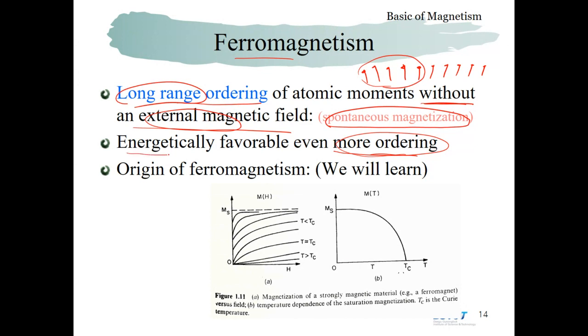So it is not favorable in general. So this is a kind of question: why is this ordered state more energetically favorable? In order to understand why the ferromagnetic state is stable, we have to understand this statement. Is it okay? Okay. If you want more explanation, you can come to me and I will let you know.